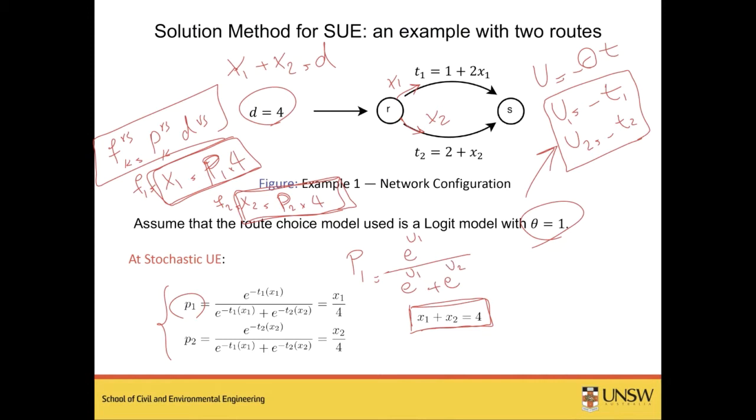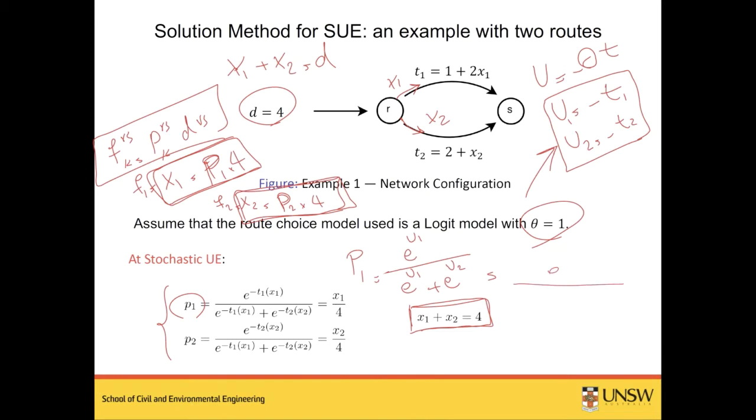Okay? And now if I simply replace the utility functions into this formula, I would get, sorry, let me erase this. I'm not sure why I can't erase these things anymore easily. Yeah, it's erased.